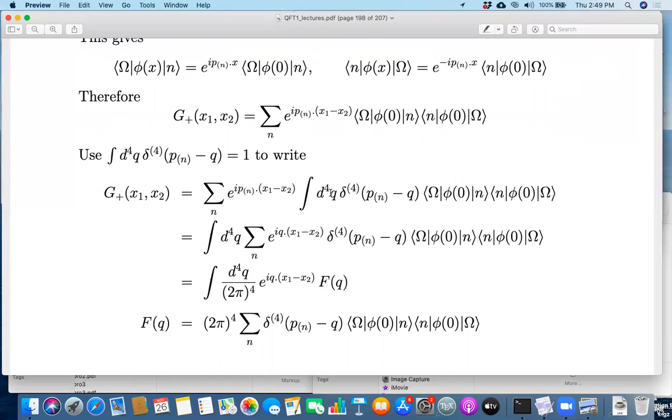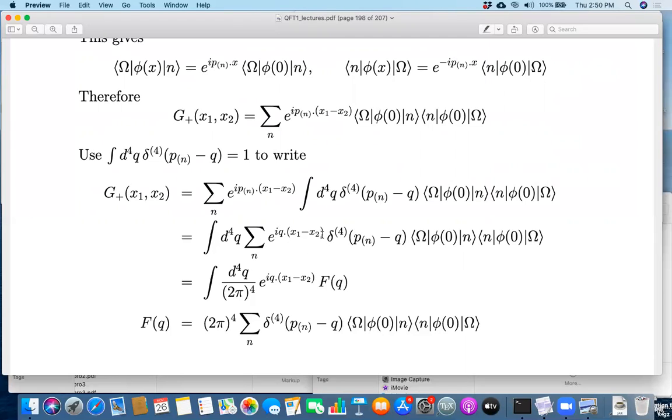In the next step, all I'm going to do is pull out the integral d4q. That can always be done. But once we have pulled it out, this pn I can replace by q because of this delta 4 (pn minus q). After you do the q integral, q will be replaced by pn anyway. So I can write e to the iq dot (x1 minus x2).